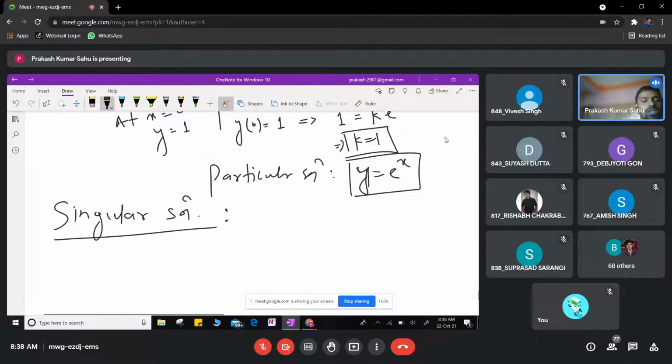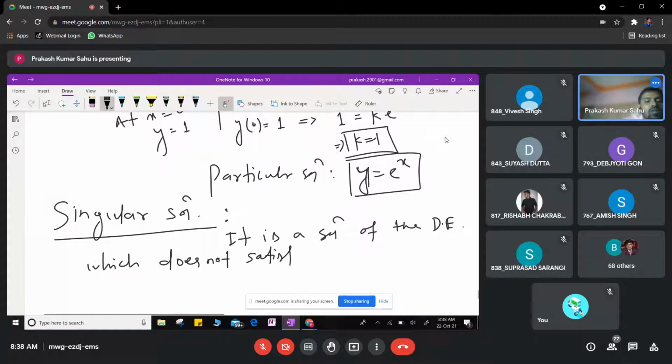The singular solution is a solution of the differential equation which does not satisfy the general solution. Okay, understood? So it is a solution of the differential equation which does not satisfy the general solution.